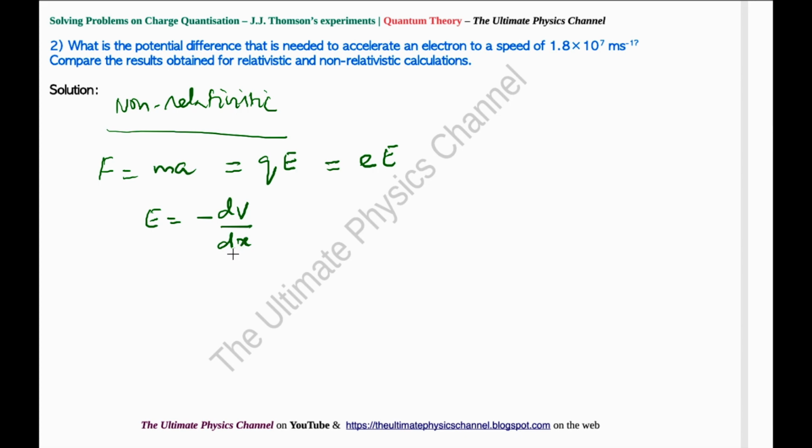And we can say that in this case the acceleration is a time derivative of the velocity, right? This is small v, right? So we can use these two ideas to try to get to the potential.